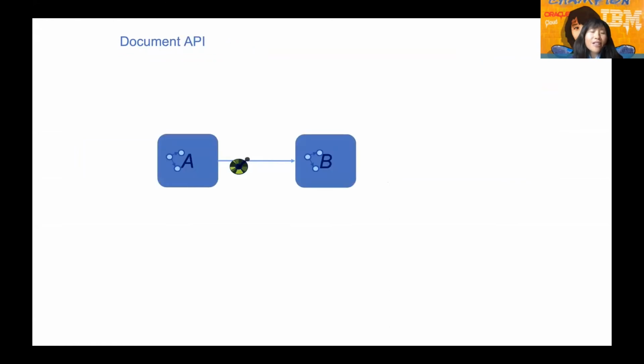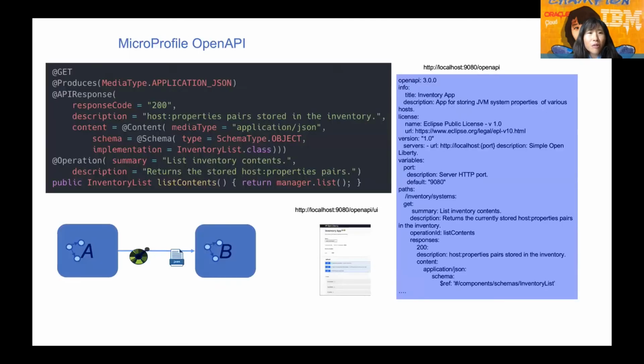So the next thing is, once you create microservices, you need to identify them and work out what they are capable of doing. So it's kind of documentation. In MicroProfile, you use MicroProfile Open API, which is directly a Swagger API adoption.